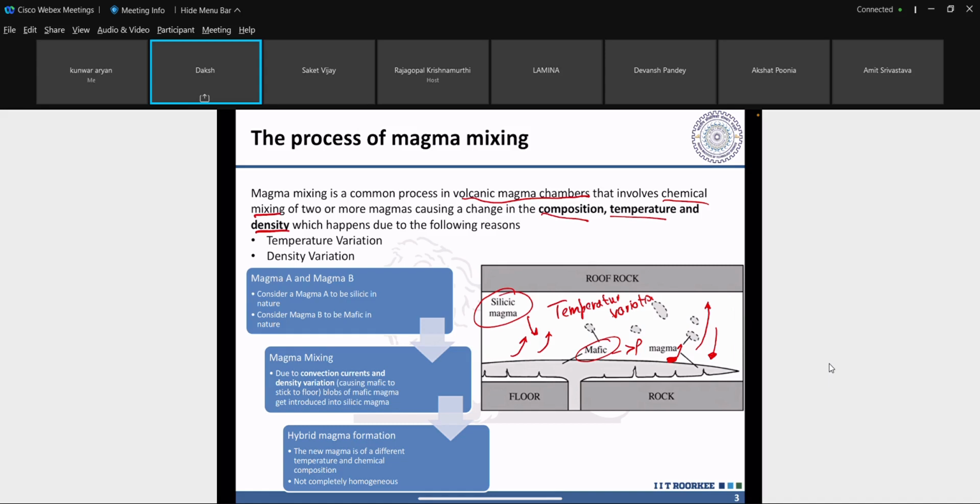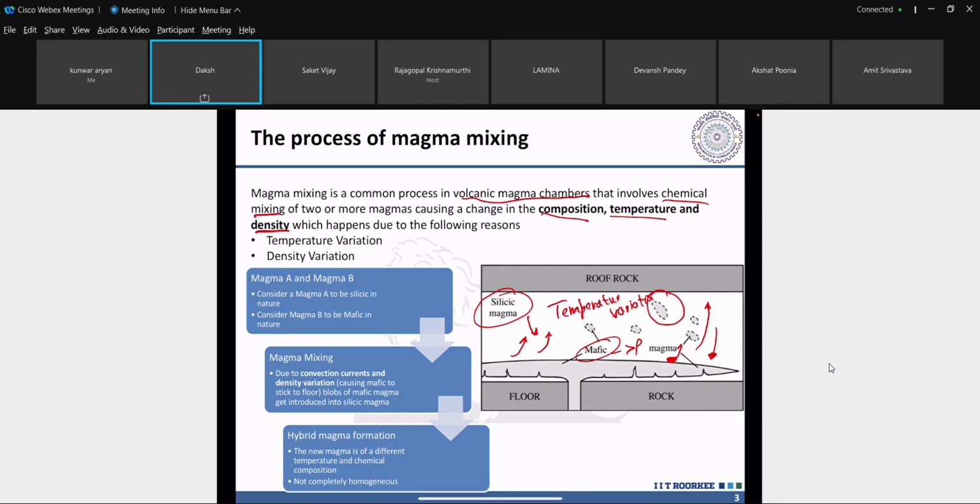Then there is the formation of the hybrid magma. The new magma is of a different temperature and a chemical composition altogether. But we cannot say that it is completely homogeneous. In the case of hot water and cold water, if we mix them, we can say that the whole mixture is homogeneous after some time t. But in the case of magmas, we cannot say that because it is a very slow process, and we have found evidence of these blebs in the outcrops that we have found.